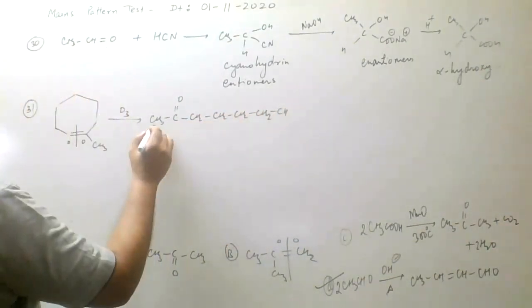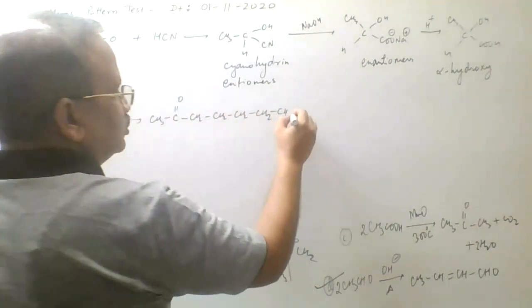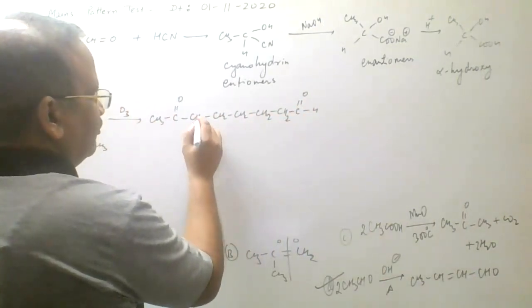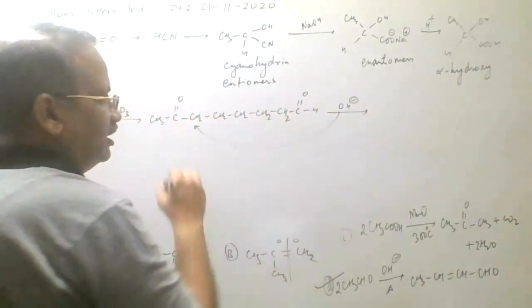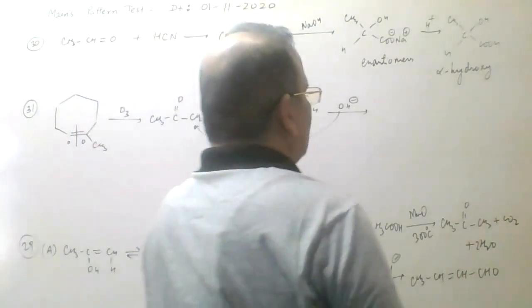So it will be 1, 2, 3, 4, 5, 6, 7. One more CH2 will be there, then C=O and H. The base will react here and form an anion, then we show the aldol reaction.